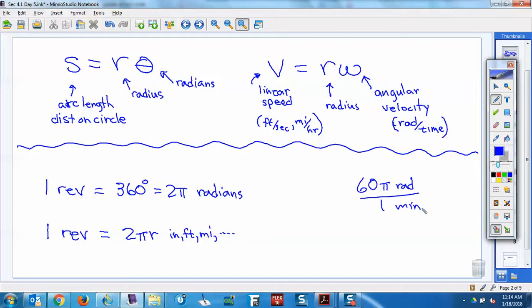All right, and then like I said, one revolution is always 360 degrees. It's always 2 pi radians, but one revolution can also be circumference, and we were having this conversation also. It was talking about linear speed, so let's go back to this example. Let's say you had something that was going around at 6 RPM, 6 revolutions per minute, and it wanted to know the linear speed, okay?